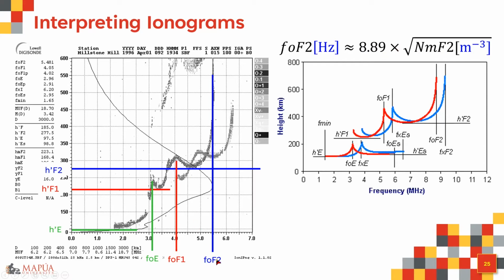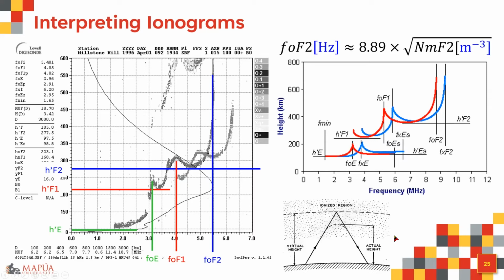From the critical frequency of the F2 region, foF2, we can estimate the electron density at the F2 layer. So this is foF2, this is the peak density. Again, the actual height is lower than the virtual height. Questions so far?